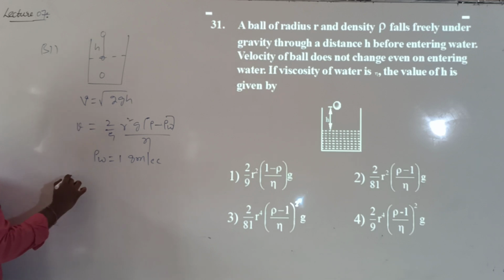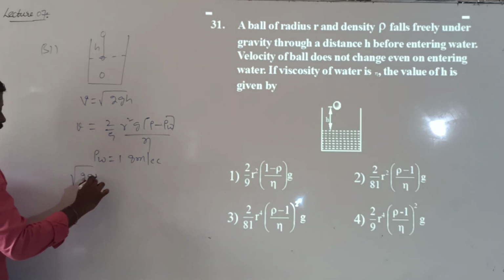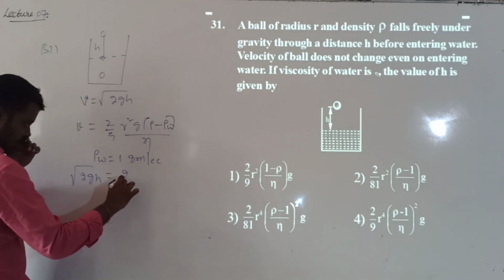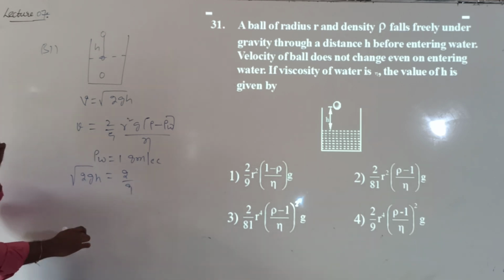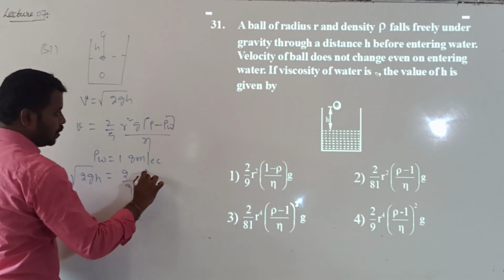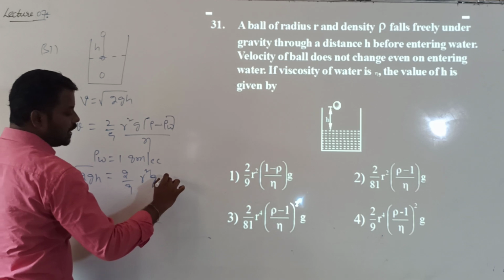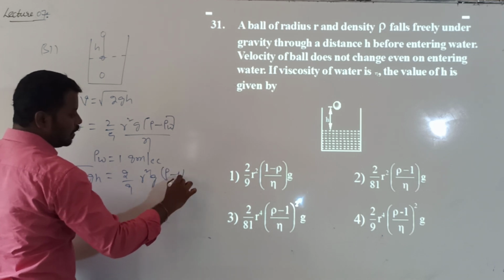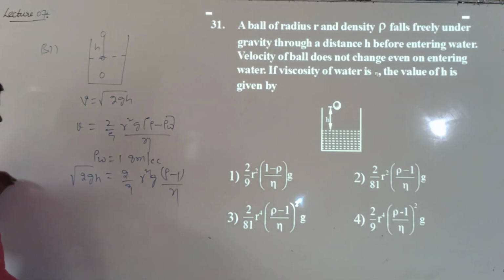Then V equals root over 2 into g into h, which will be equal to 2 by 9 into r square into g into (rho minus 1) divided by eta.